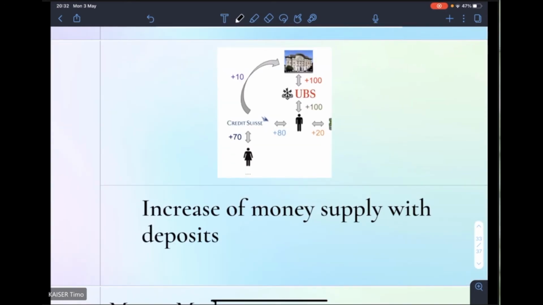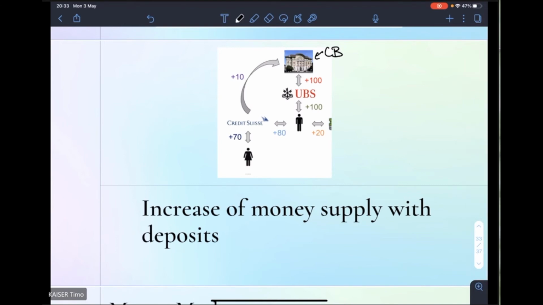I think you're all familiar with this depiction. Maybe it's not very understandable, but we go over it right now. Here we have the central bank. The central bank decides to decrease the rate for deposits. So banks don't have to put so much on their deposits at the central bank anymore.